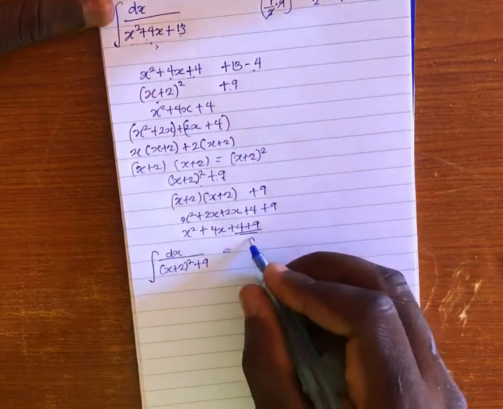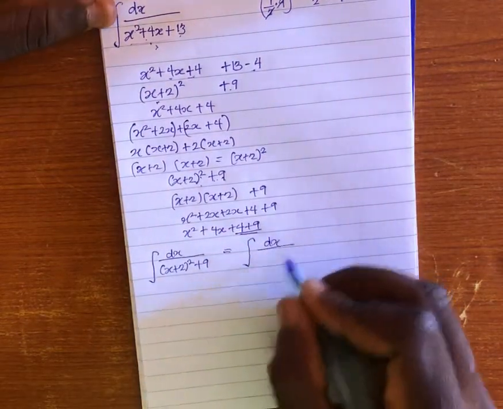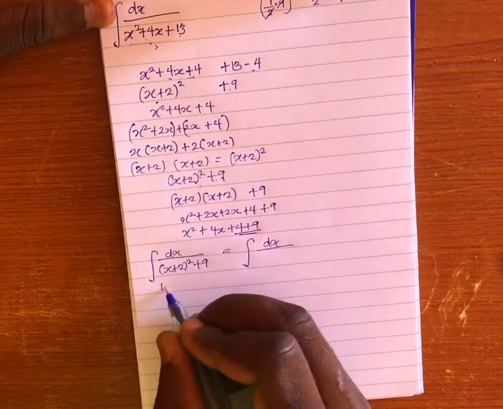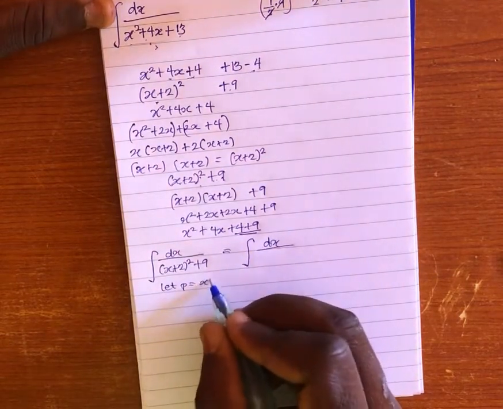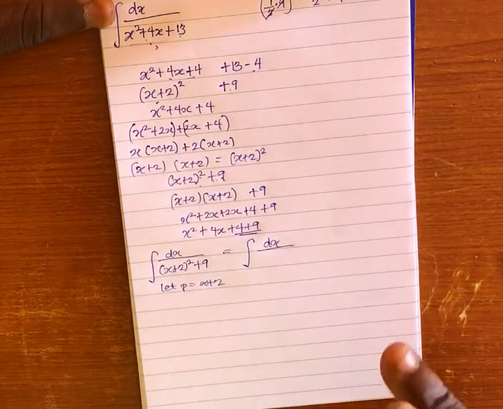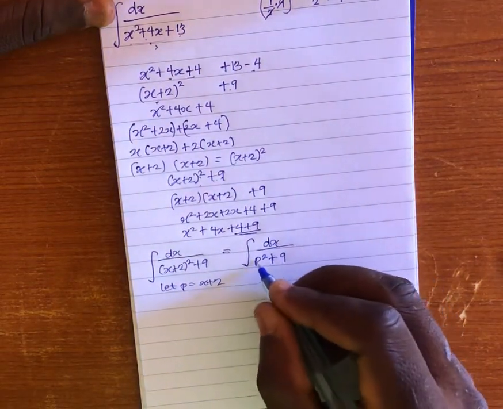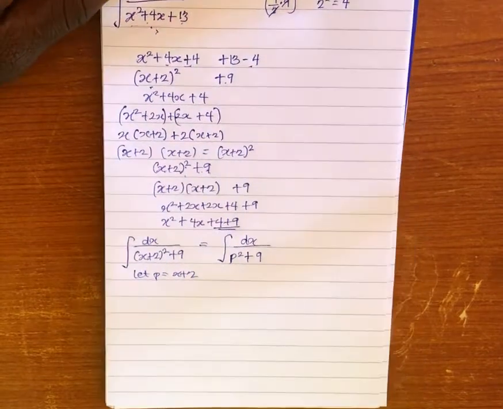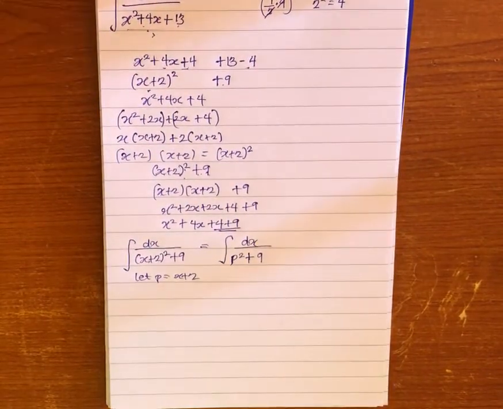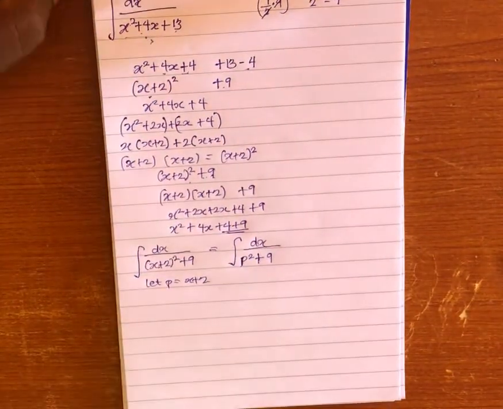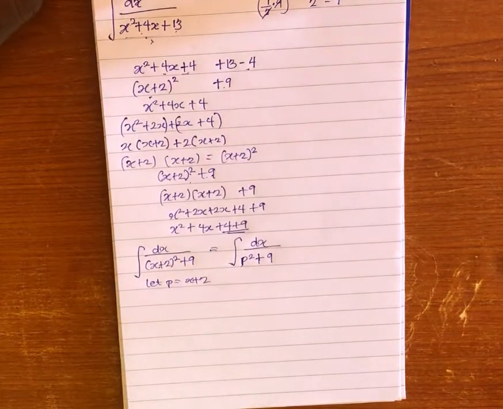So here I'm having the integral of ds over, let's replace this one as p. Let p equal s plus 2. So we're having the integral of dp over p squared plus 9, right? Yeah, guys. So let me just do the normal perfect square.